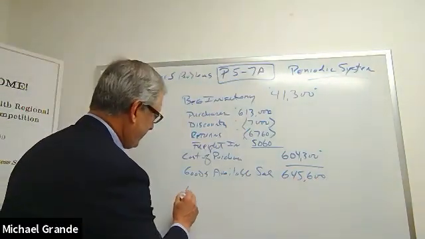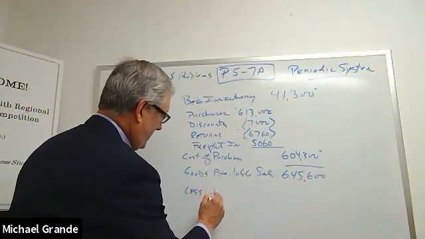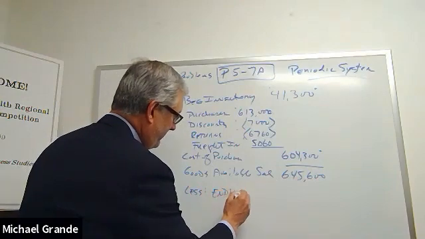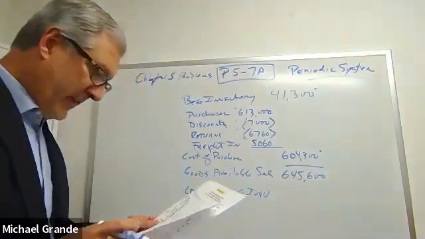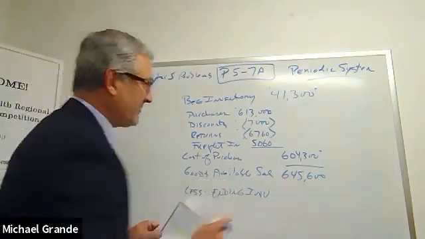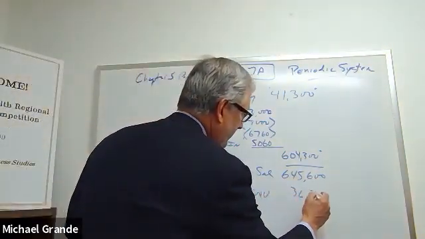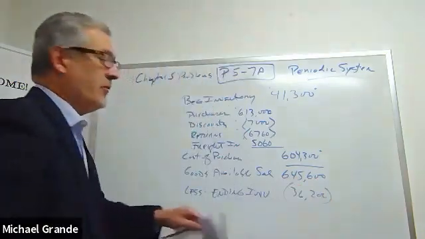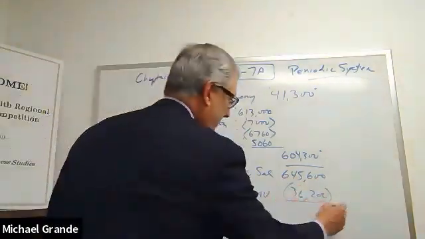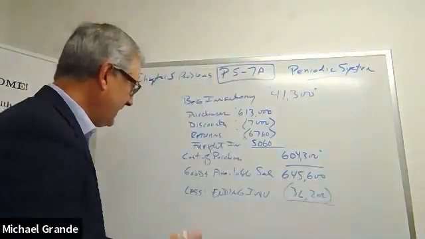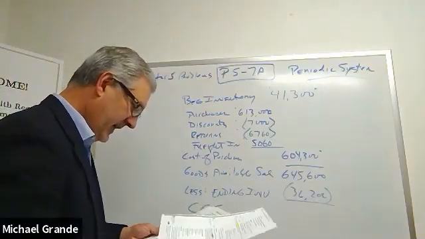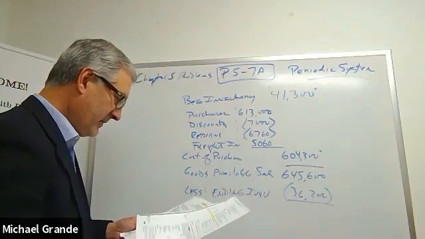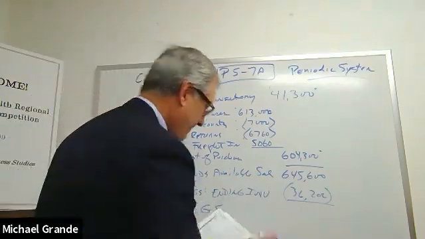Less ending inventory. And they told you the ending inventory was $36,200. Goods available for sale minus ending inventory equals cost of goods sold. In this case, 6,094.